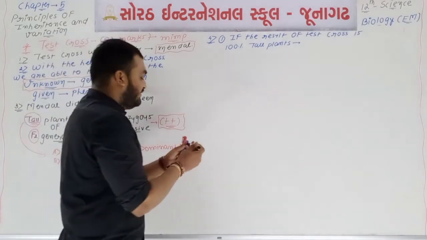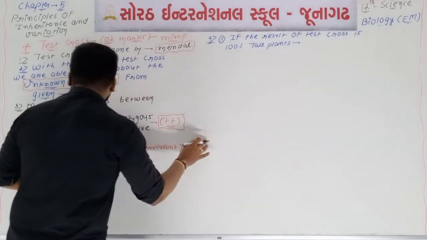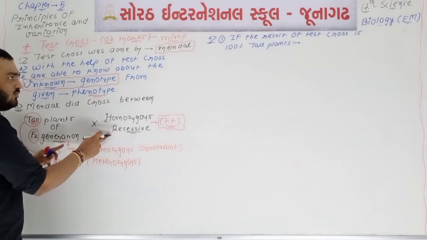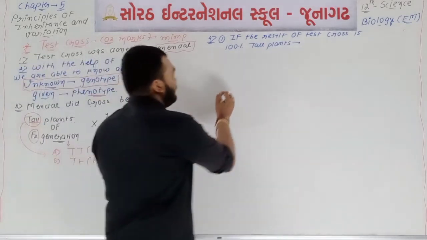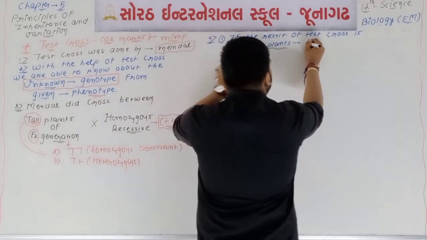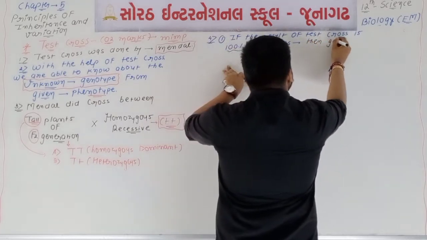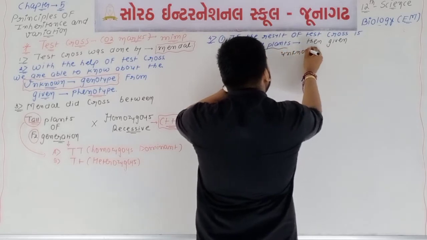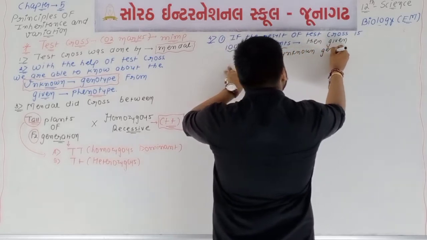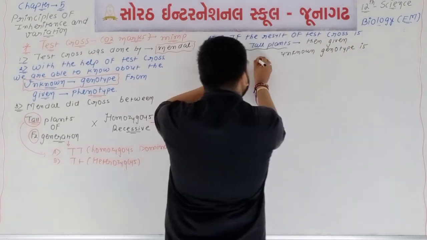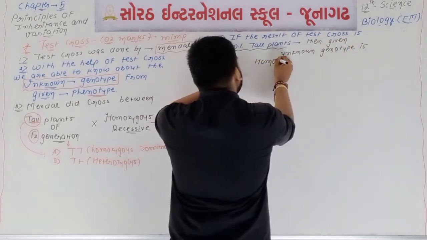If the result of test cross, means we are talking about the result between these both, is 100% tall plants, then the given unknown genotype is homozygous.